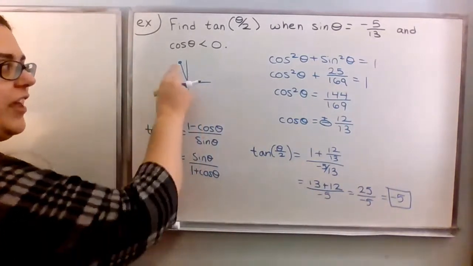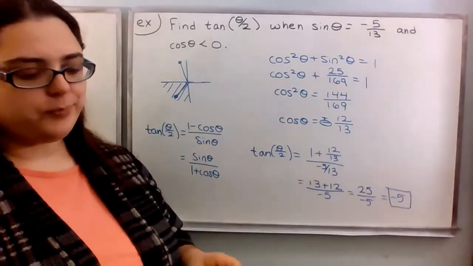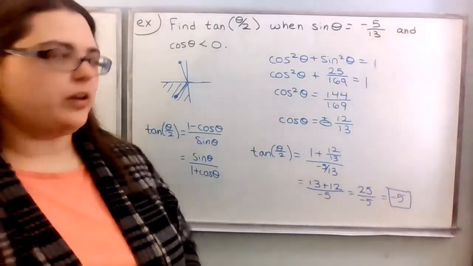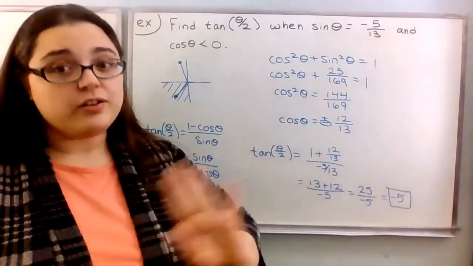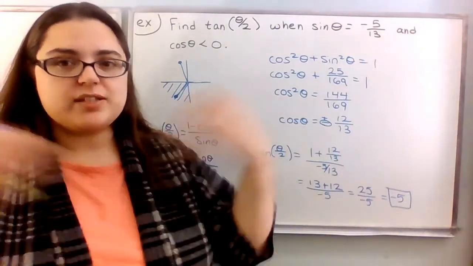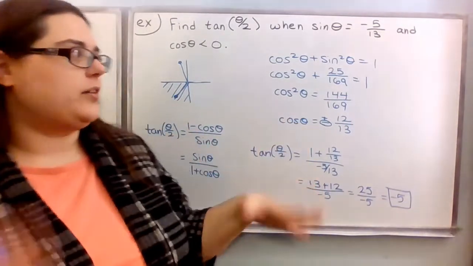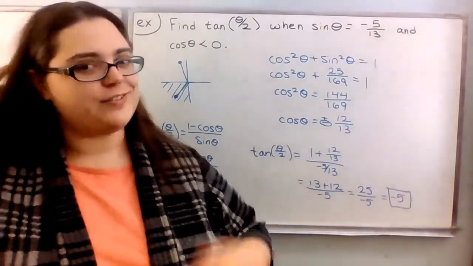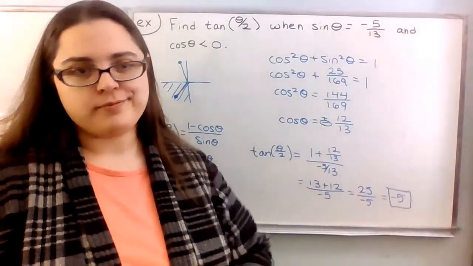So half of the angle, you can end up with a negative value. So remember, you want to try and keep theta versus theta halves separate, right? Because just because one is positive or negative doesn't mean that the other one has to be.